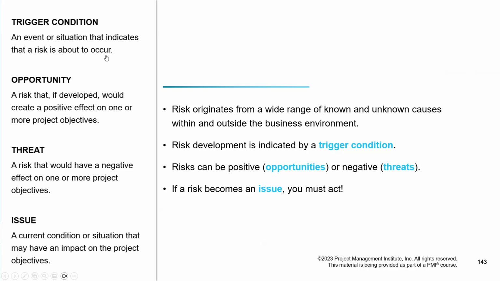But if we take any action about that risk right now, we may be wasting money because it is too far away and it may not even occur. So we plan for it, but we wait for a trigger condition to occur before we start taking action.